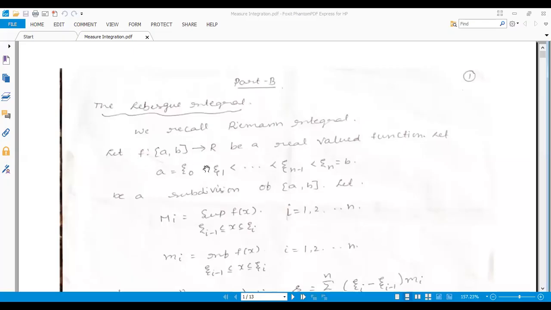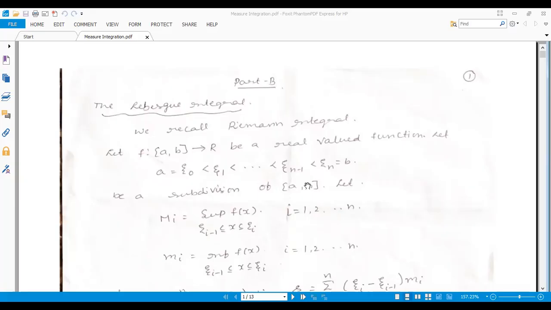Here [a, b] can be subdivided into intervals, that is x0 less than x1 less than ... less than x(n-1) less than xn. The starting point is a equal to x0 and xn is equal to b. We make a partition, a subdivision of the closed interval [a, b].